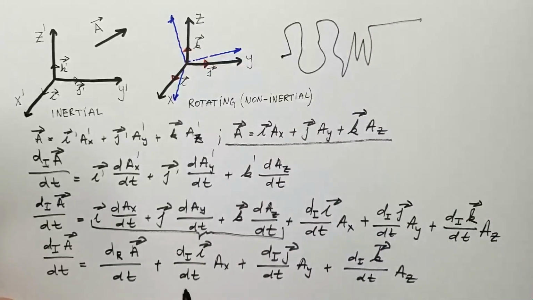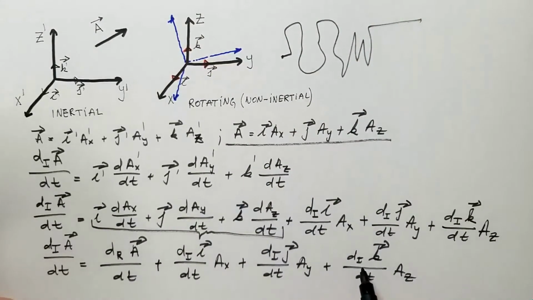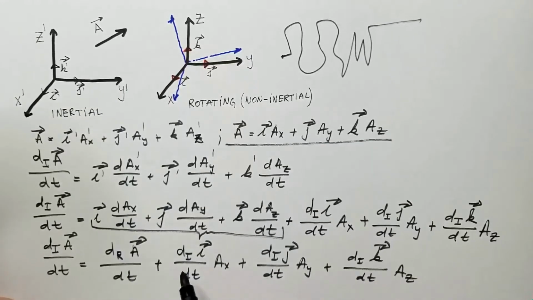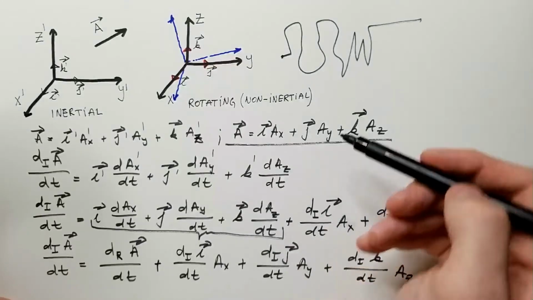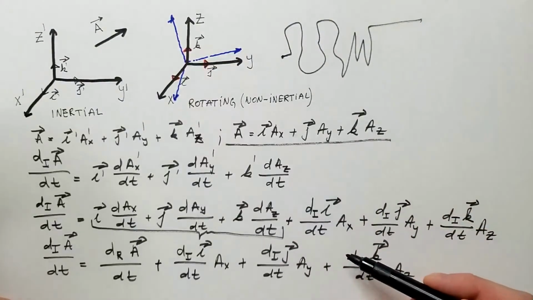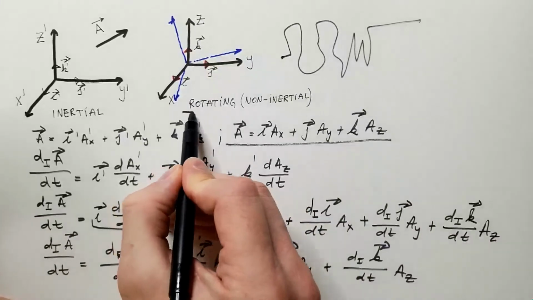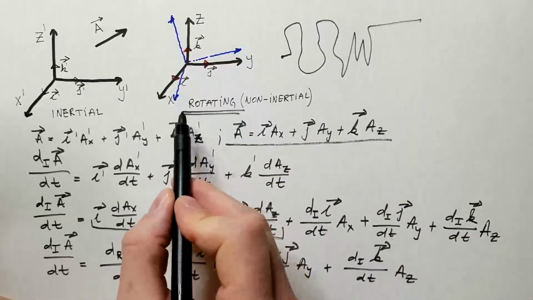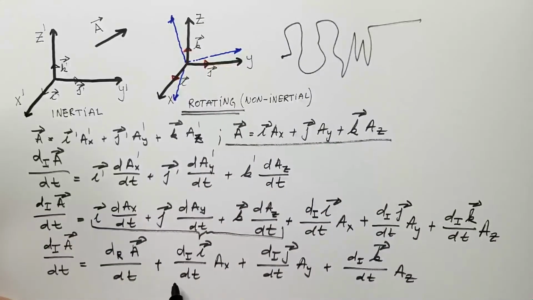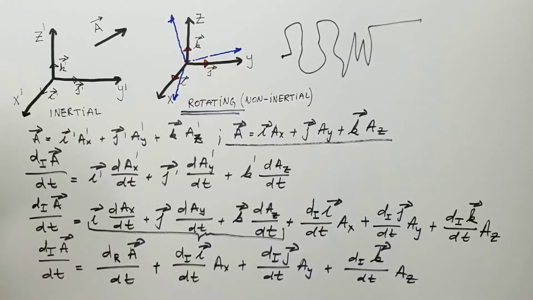Then good luck finding some nice expression for the derivatives of these unit vectors in time. Fortunately, we are applying this analysis to our beautiful planet Earth, and it is just rotating. And in the case of simple rotation, we can find relatively nice expressions for the time derivatives of these unit vectors. And that's exactly what we will do now.